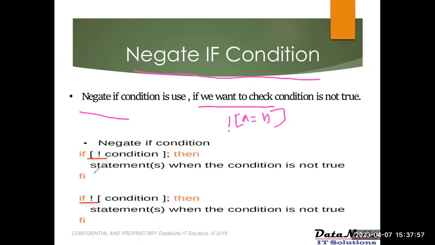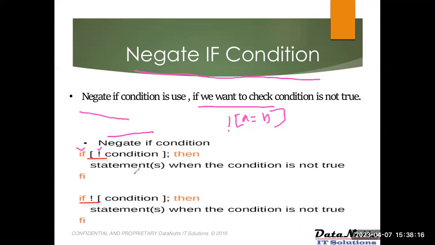Now what is the syntax of this? You can write the negative condition in two ways. First, the if keyword, then the square brackets. Before the condition, you have to mention this exclamation mark, which is called the negate symbol.